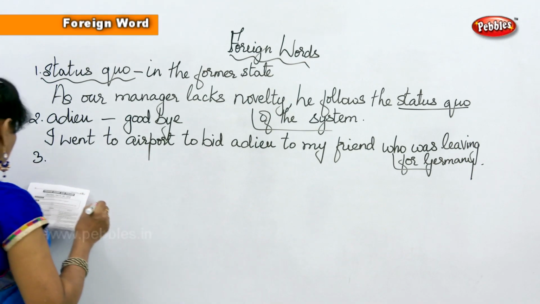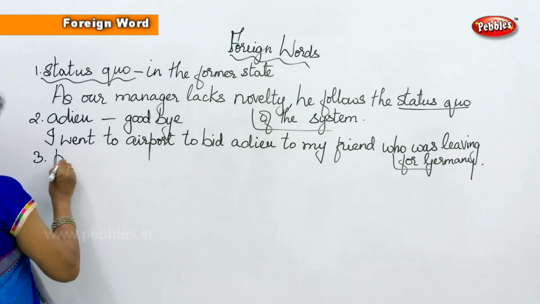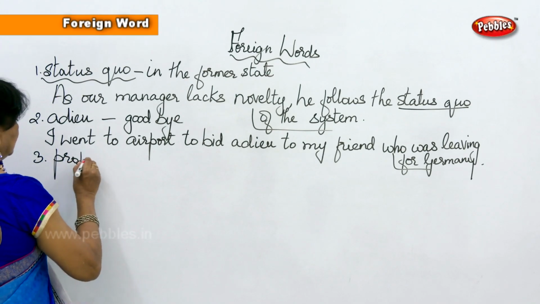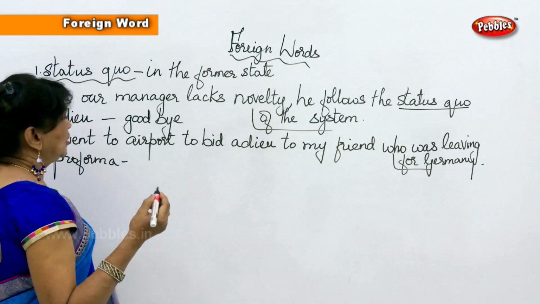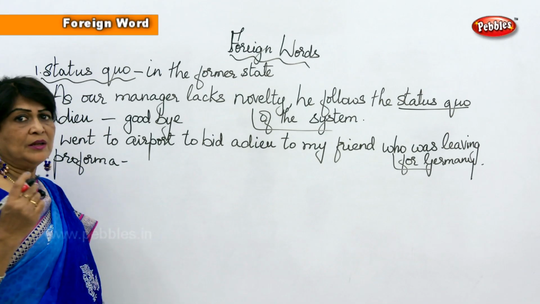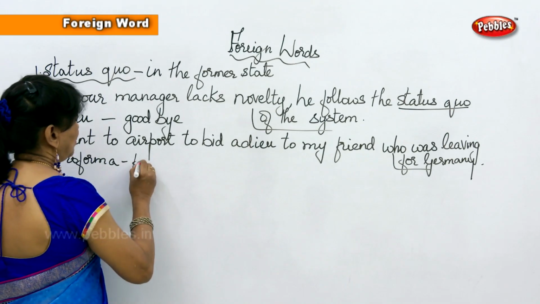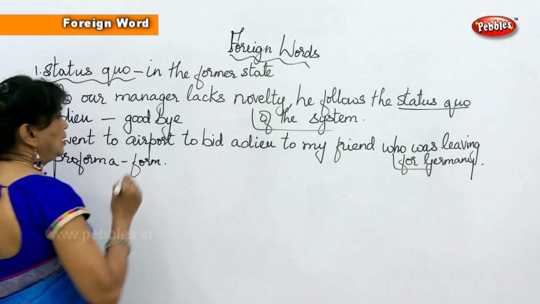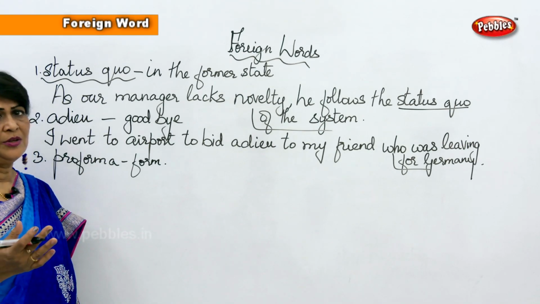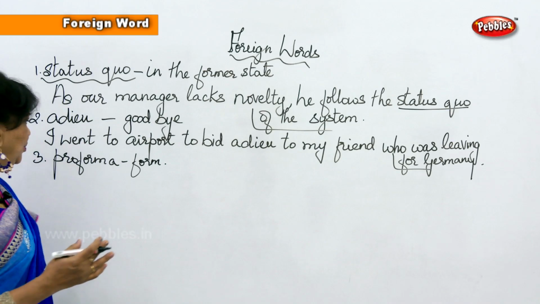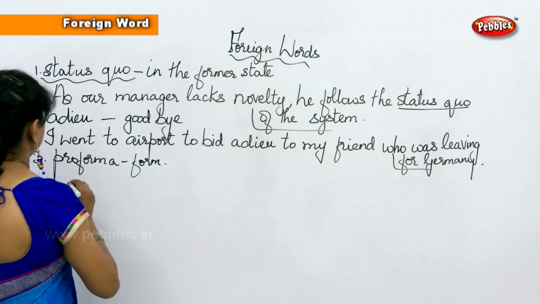Okay, the next word is pro forma. This is a very common term used for, they may say fill in your pro forma, that is a form. You can even say curriculum vitae, or you can say biodata. Pro forma is nothing but your biodata.